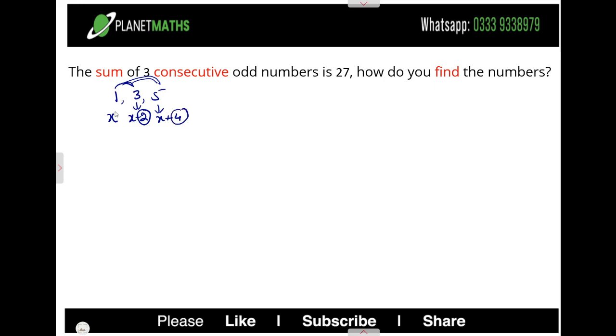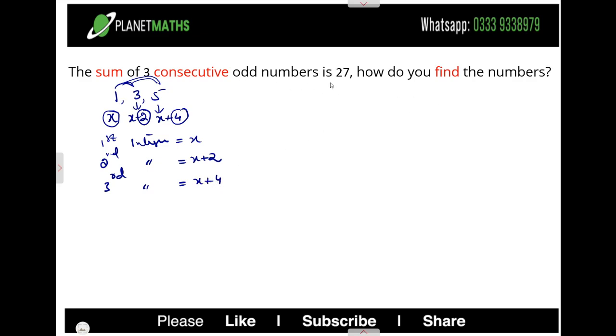So these are generalized terms for any odd integers which are consecutive in order. Our first integer is x, second integer is x plus 2, and third integer is x plus 4.